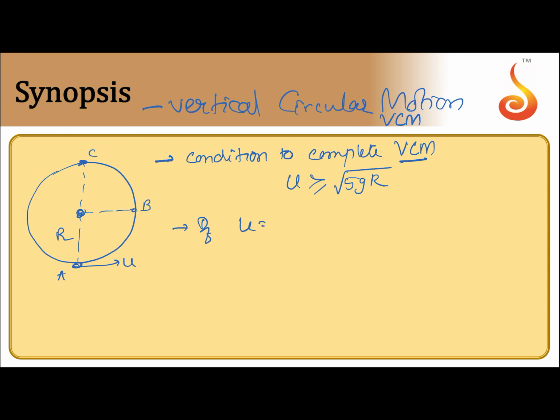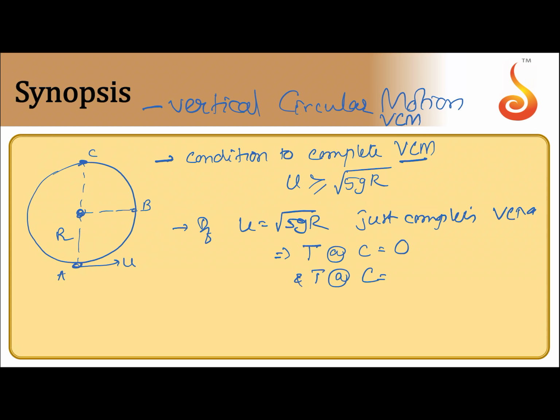Now, if u is equal to root of 5gr, it just completes vertical circular motion. In that case, the tension at C is equal to 0, and the tension at A is equal to 6mg. Remember the results.